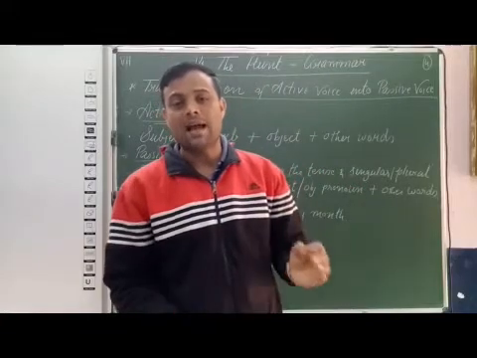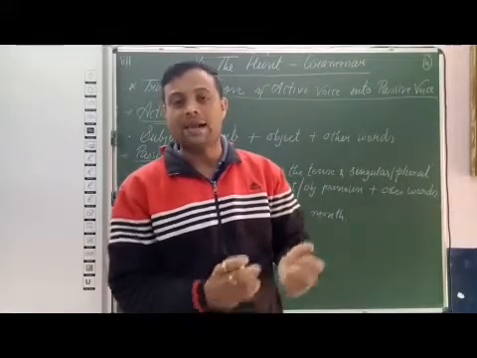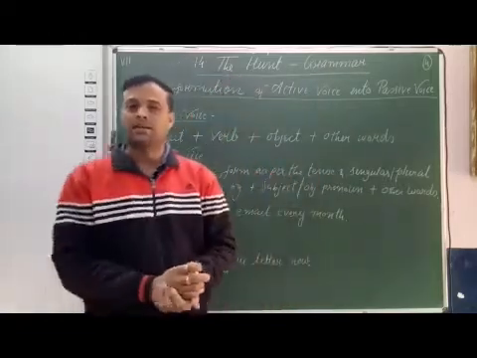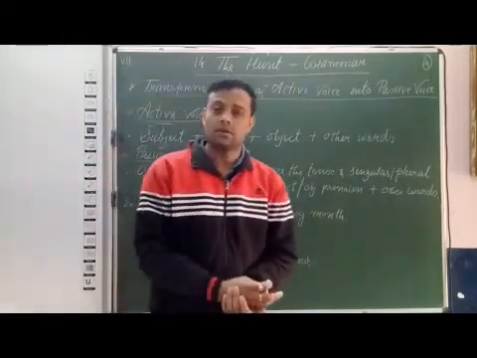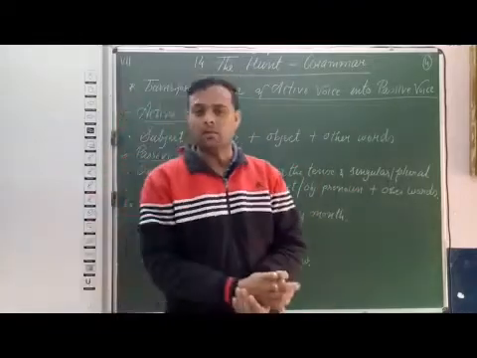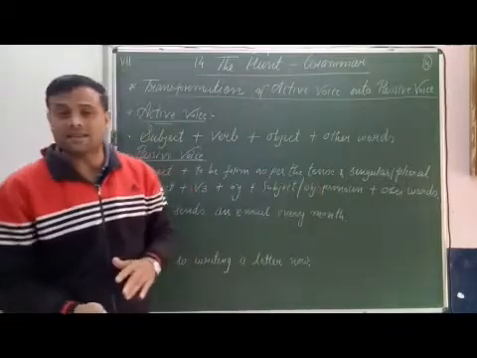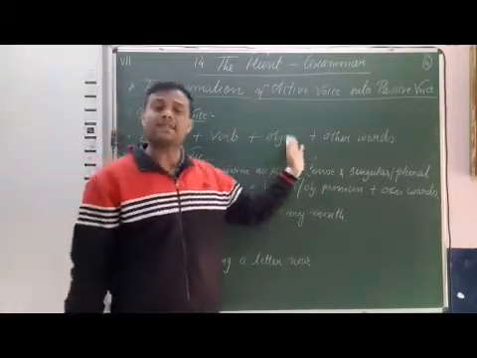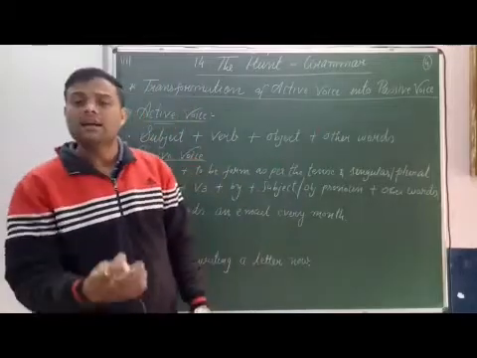For example, I am writing now, am writing. Am is the helping verb, writing is the main verb. She has written her homework, has helping verb, written the main verb. So, active voice sentence structure: subject, verb, object and other words.